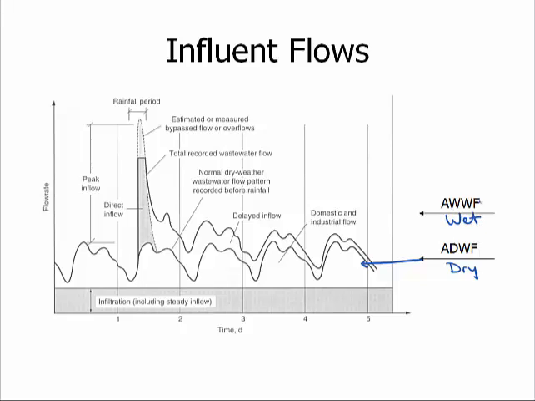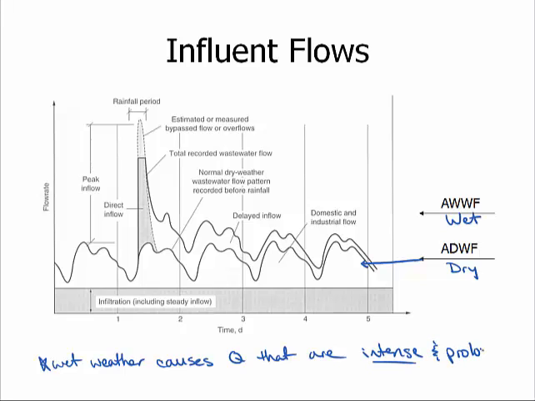What I want you to understand is that wet weather causes flow rates that are both intense and prolonged. And this is something that you should be able to draw. Here the time scale is days.